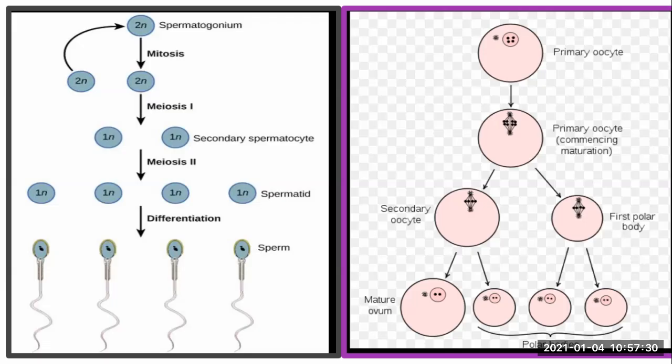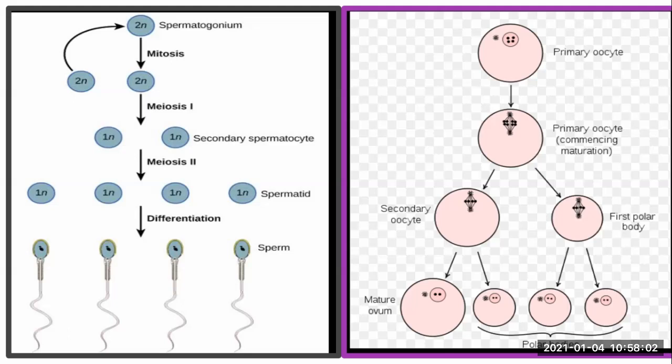Here you can see the spermatogonium first undergoes mitosis, then meiosis 1, meiosis 2, then we get the spermatids, and on differentiation we get the proper sperms. Now what is the difference? Spermatids have half of the genetic material of the normal spermatocytes.